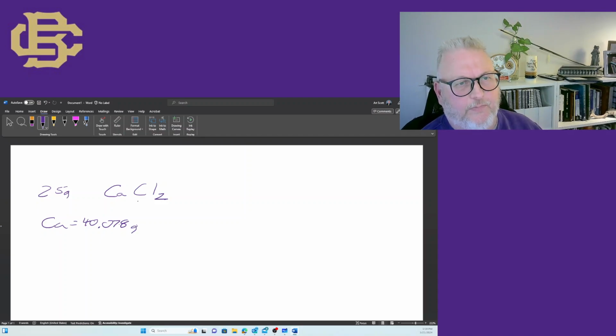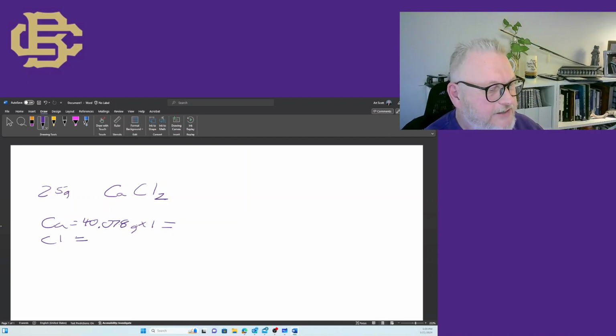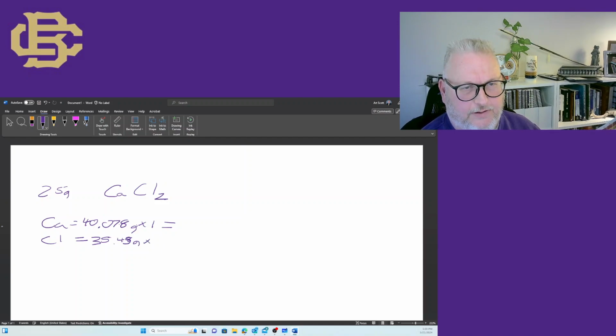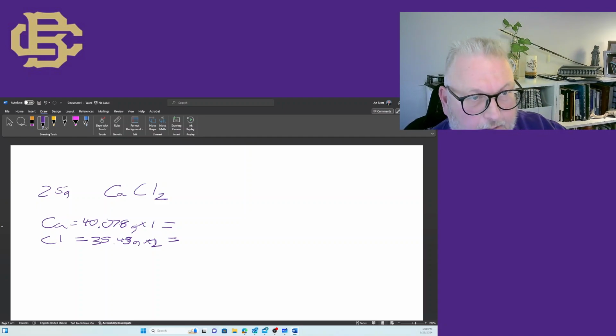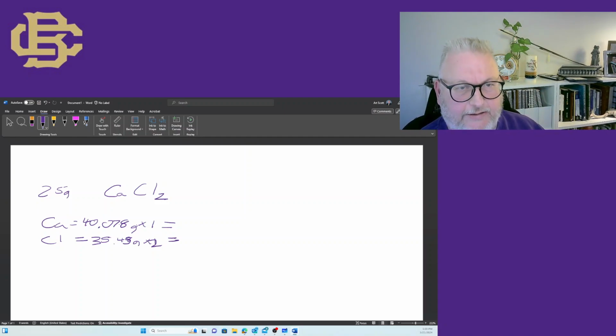Okay, cool. So 1 mole of chlorine, getting this from the periodic table, has a mass of 35.45 grams. Now I've got 2 of those. So I've got a total of 3 atoms, but it doesn't matter. 2 of those atoms have a different mass. 40.078, well, that's pretty simple.